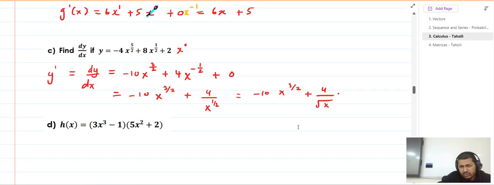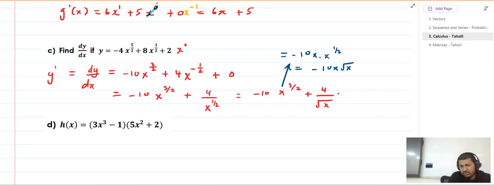Now remember, x to the power 3 over 2, you can even simplify that. You can write this as negative 10x times x to the power half, right? Now x to the power half is square root of x, so this is negative 10x square root of x. Why did I break it down like this?